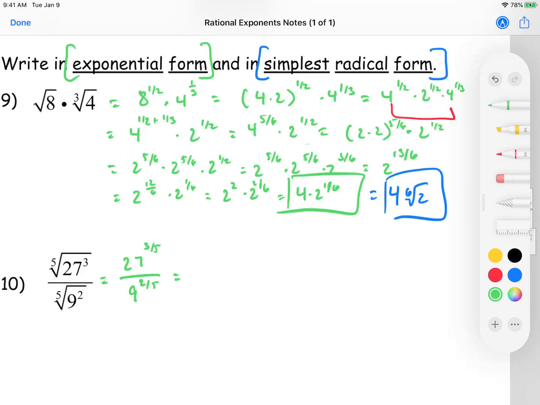Rewriting the 27, right? Actually, we're going to rewrite them both. And we're going to get them in groups of 3s because we're going to break them all the way down to their base one. So this is the same thing as 3 times 3 times 3 to the 3/5 over 3 times 3 to the 2/5.